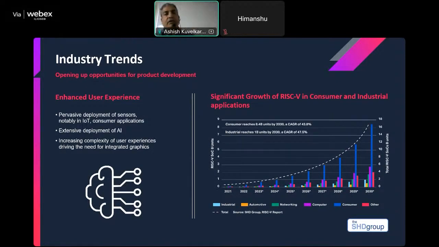Sorry about that. So with regards to specific industry trends in this area, there is an expectation and a belief that the shipment of the number of units of RISC-V CPUs in designs will probably hit a number like 16 billion by 2030.